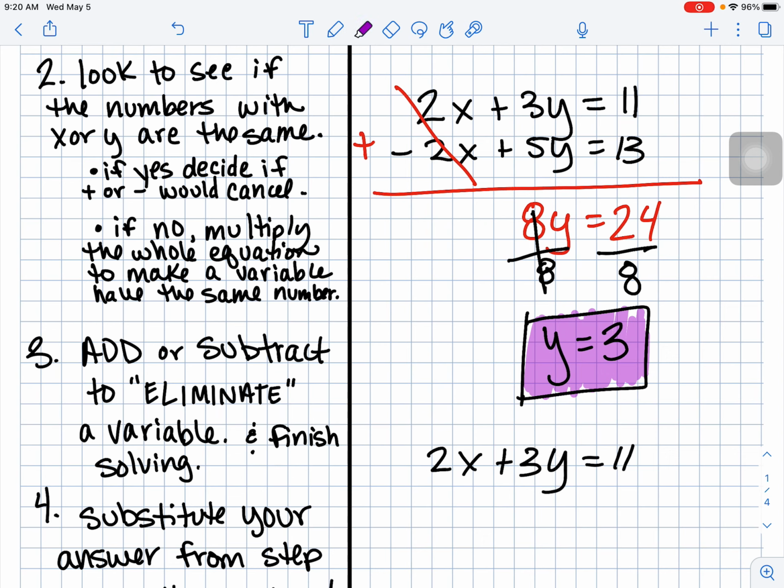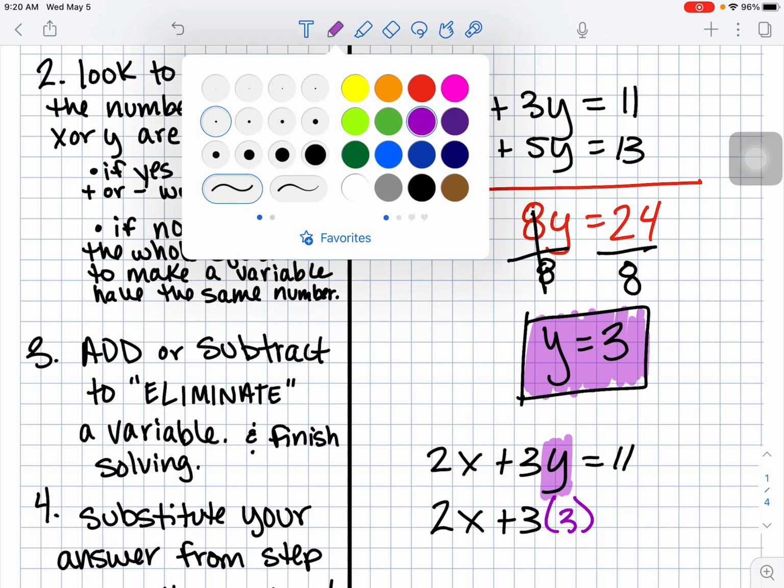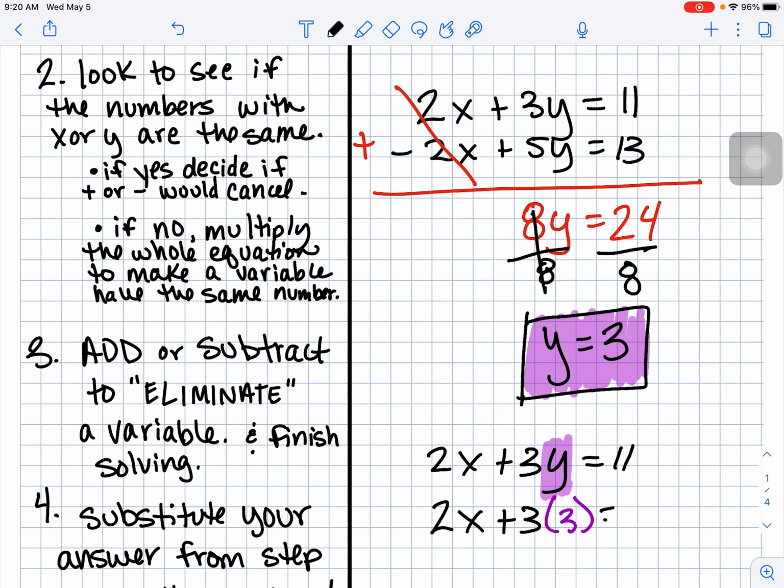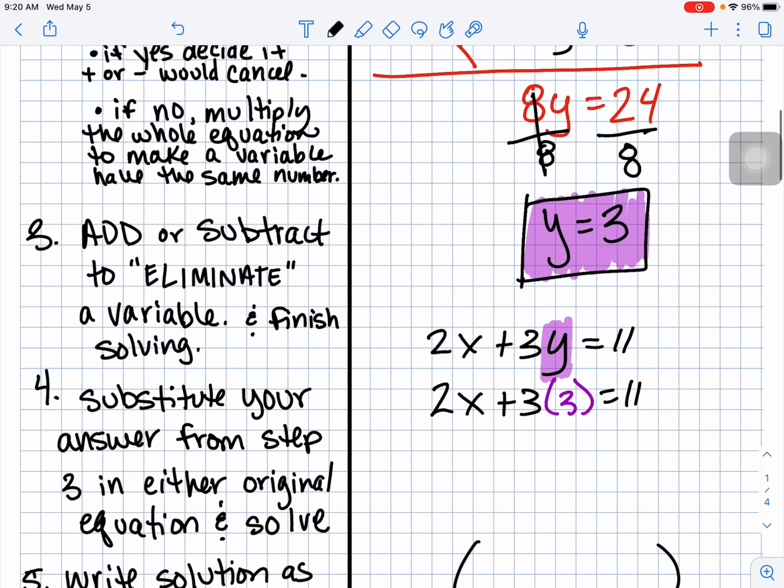But now I know that y has a value of 3, so I can plug it in for that. 2x plus 3 times 3 equals 11. So I've got 2x plus 9 equals 11.